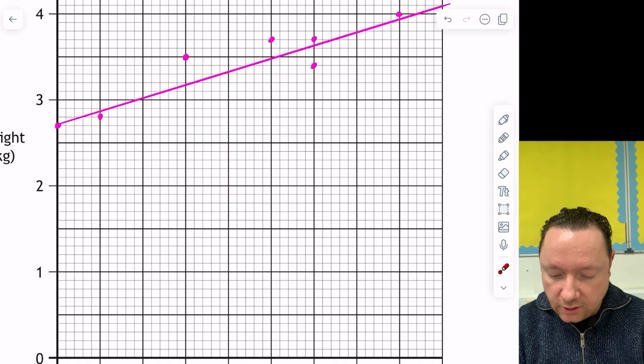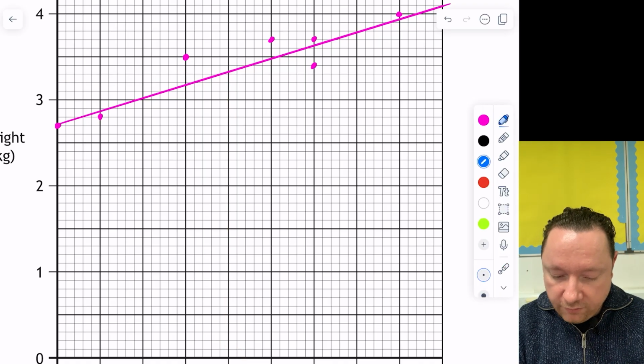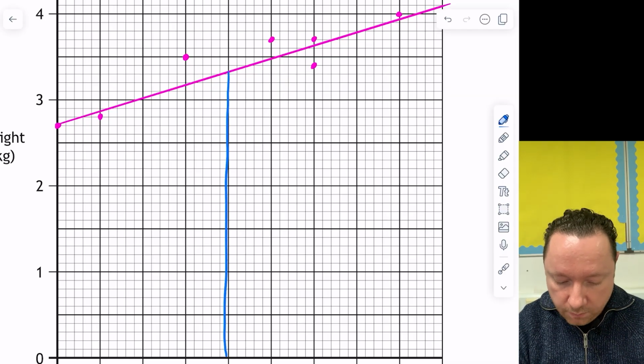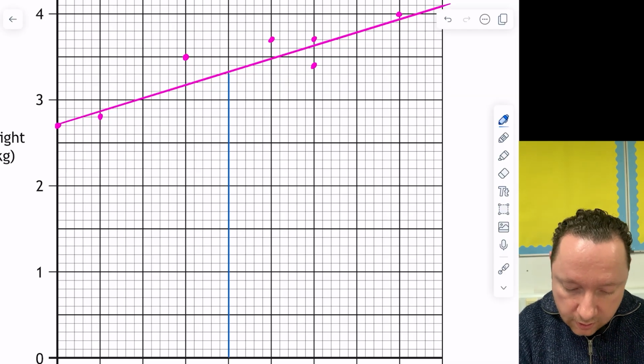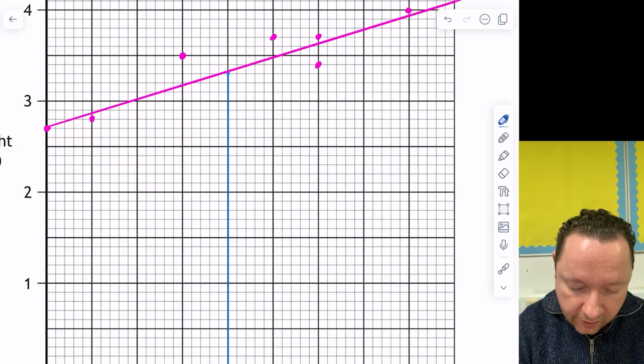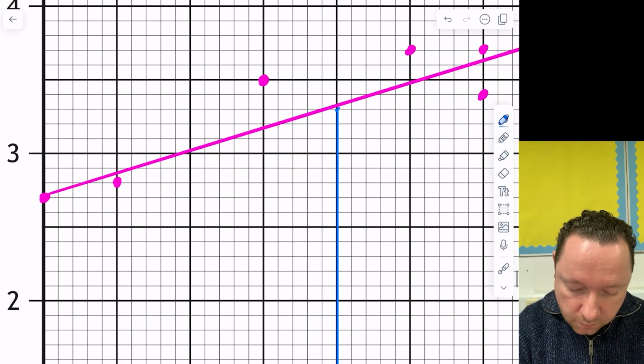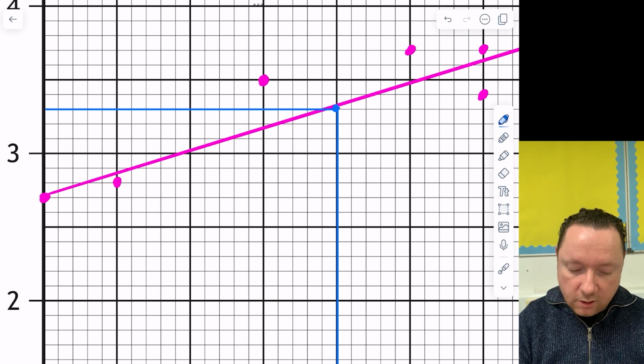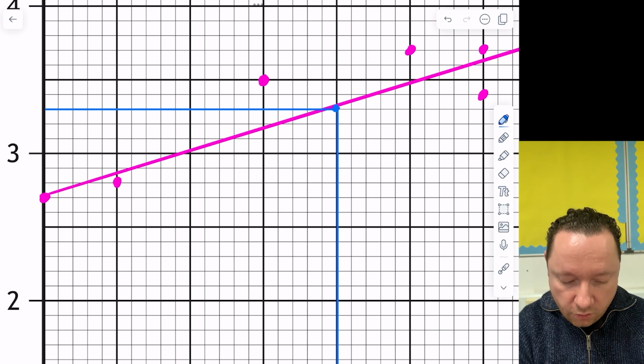Now the best thing to do is actually get a pen, different colour, and literally get a ruler and join that up. Now I can do that without any bother, and then do the same on this side. And you can get a nice close enough answer of 3.3.